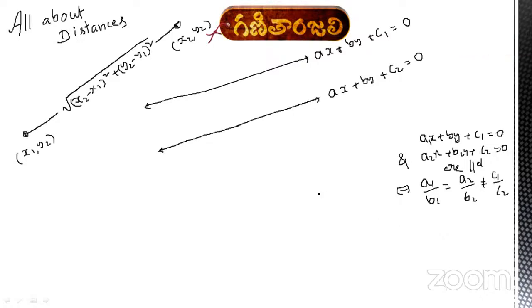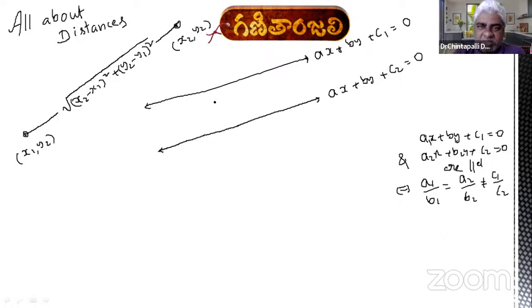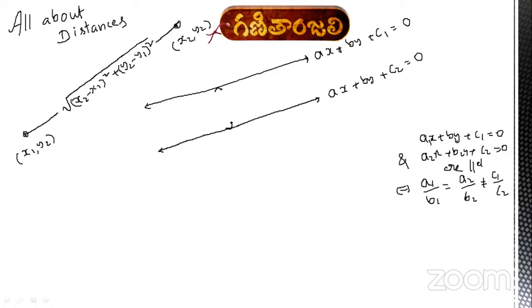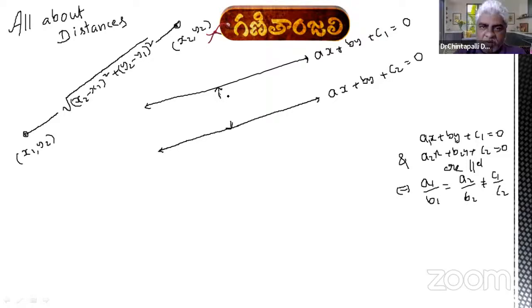Now, there is a formula to find the distance between two parallel lines. Distance between these two parallel lines is modulus of C1 minus C2 by the square root of A square plus B square.